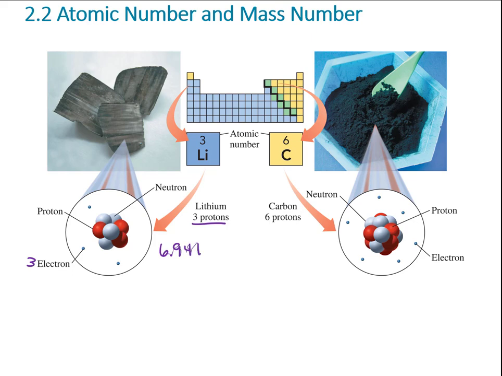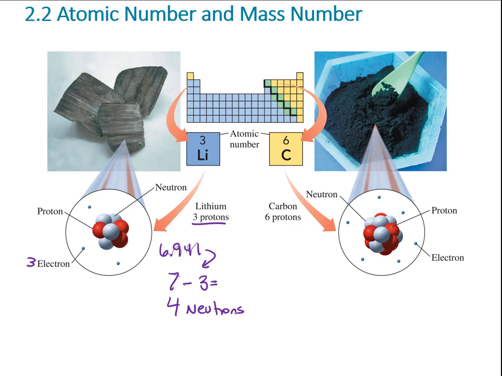That would round to what? So I'd round that to 7, subtract 3, and that would tell me that I have 4 neutrons. That's all. So I could figure out the numbers of protons, neutrons, and electrons for all 30 of the elements that you need to know.